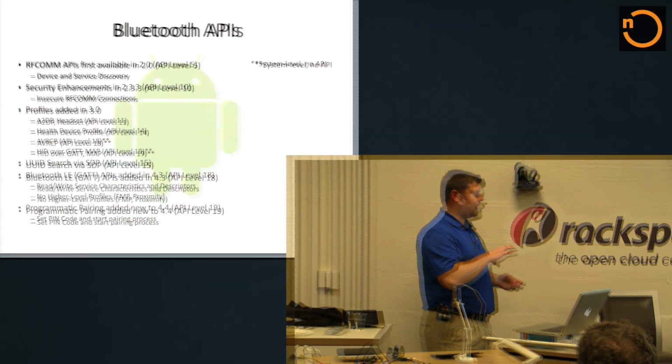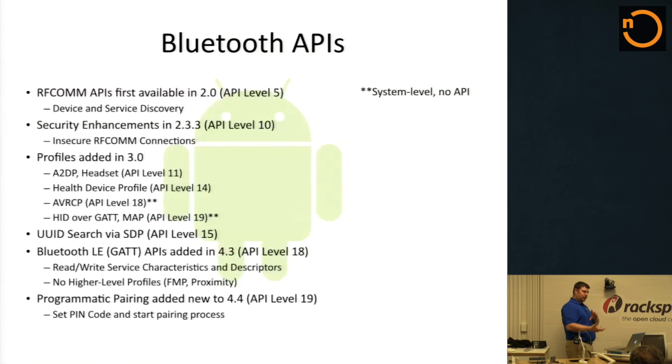In 3.0, they added Bluetooth profiles, which we won't talk a lot about today because they're kind of outside the scope of dealing with accessories. But this is if you want information about connected commercial devices that support or implement a given profile. So if you want to figure out, is there a headset connected? Am I connected to my car right now? Health devices, do I have a Bluetooth heart rate monitor or something like that?